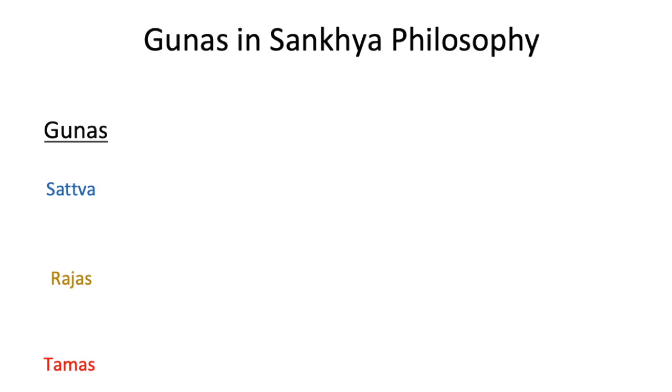And then you have the other elements in there: the primordial elements, the subtle energies, and the five organs of sense perception and the five organs of motor action. All of these are directly relatable to the gunas. So let's go through these one at a time.